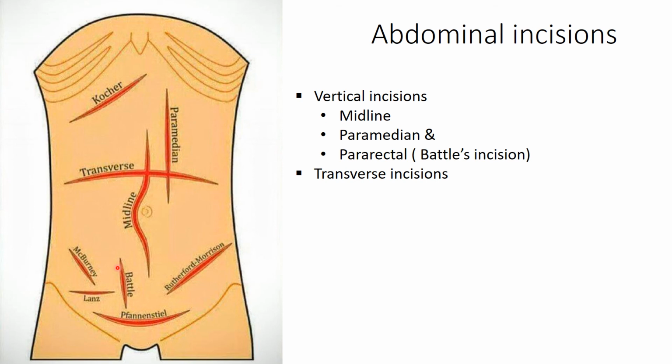Now next are the transverse incisions. So transverse incision includes this Kocher incision, or transverse incision as we say, and it is done for liver transplant, also known as superior bucket handle incision, generally in the region of the epigastrium.